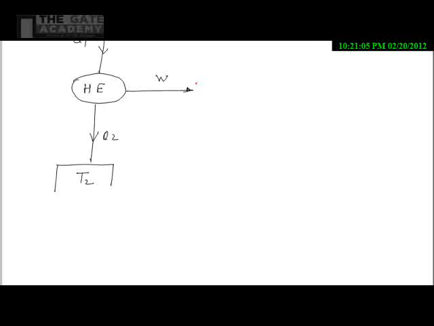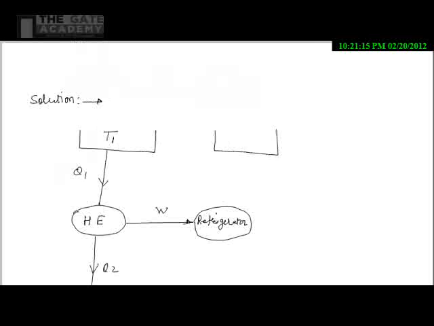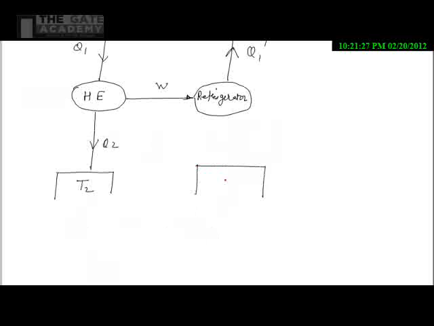Now this work is useful in running the refrigerator, and in the refrigerator again we have a high temperature, that is T1 dash, to which Q1 dash is supplied. Here we have T2 dash, the lower temperature, from which heat Q2 dash is taken.